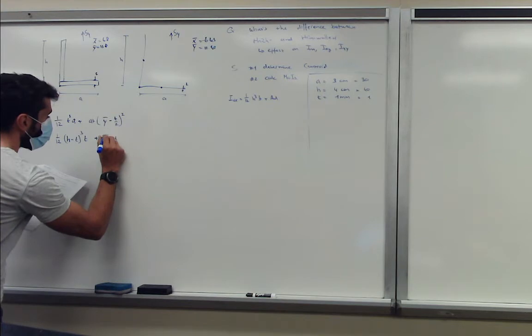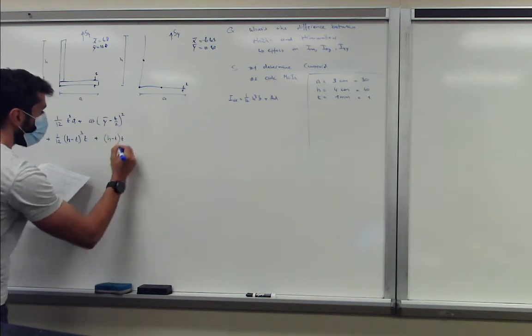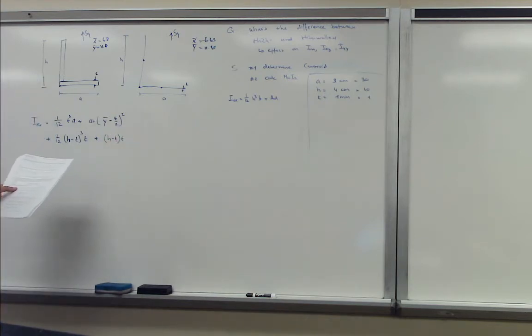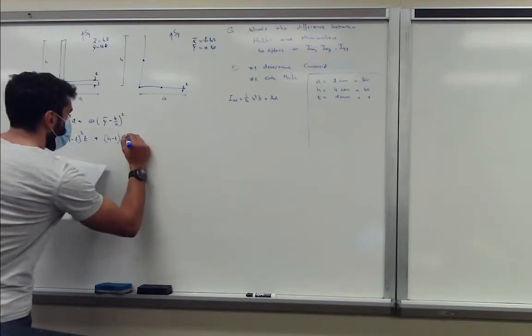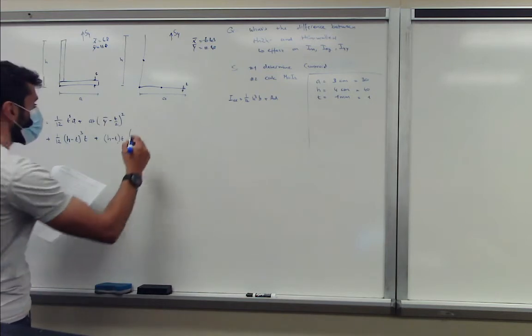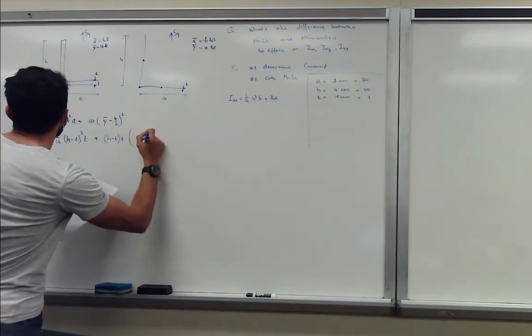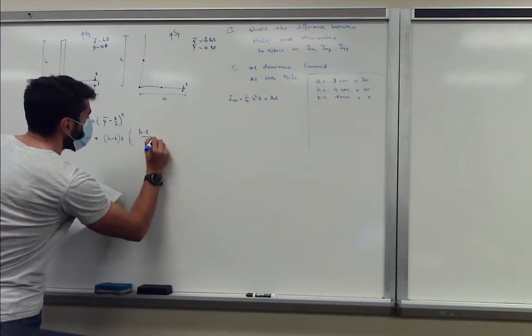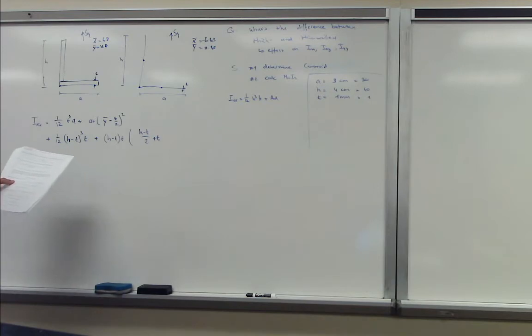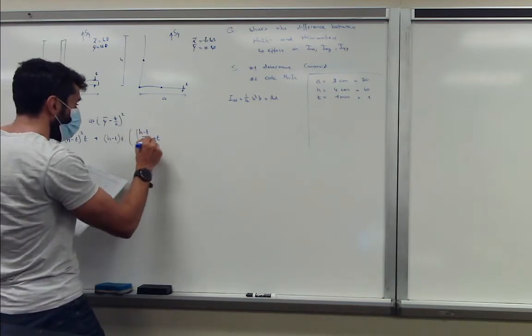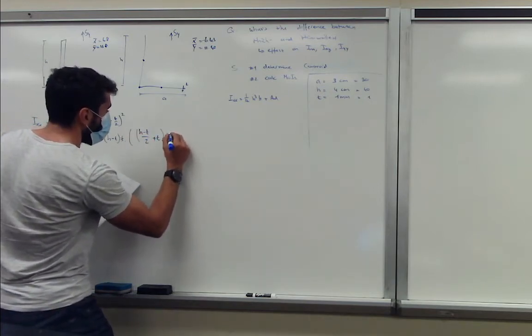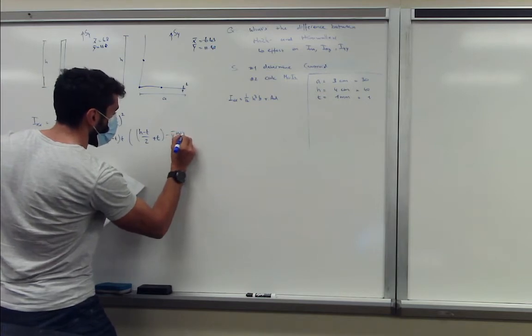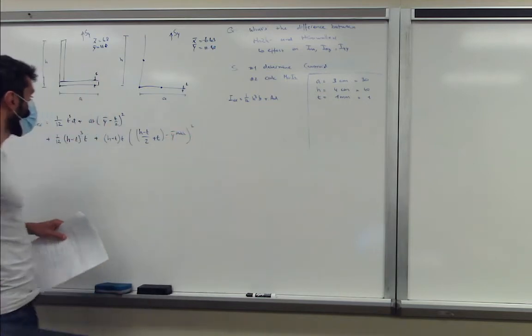So the area is h minus t multiplied by t. And then its Steiner term will basically be, let me see, h minus t over 2 plus t minus y thick, and then squared.